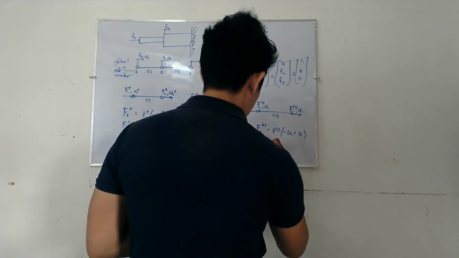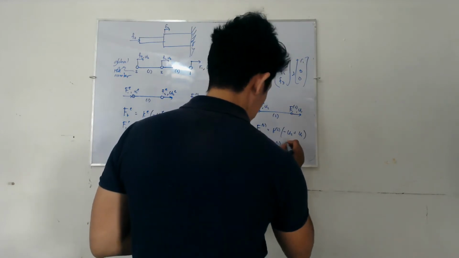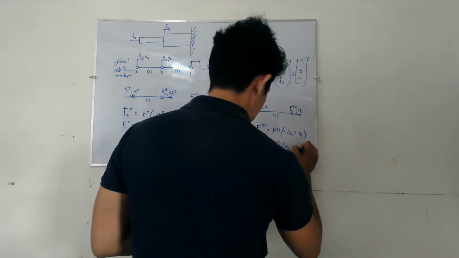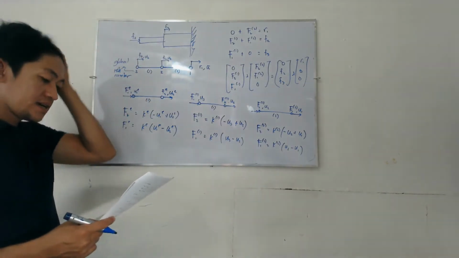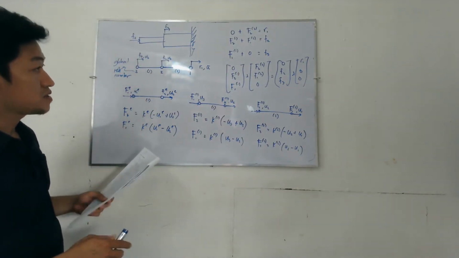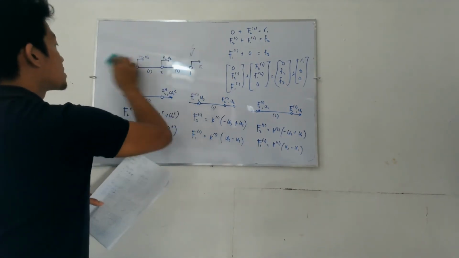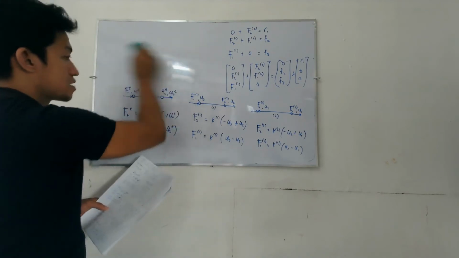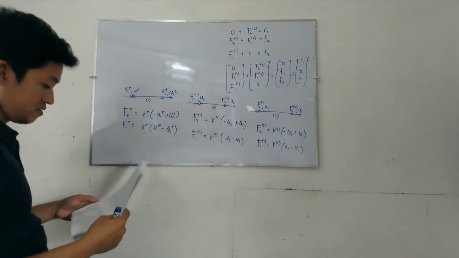F1 of 2, k of 2, U2 minus U1. Okay? So that is the corresponding equation per element.